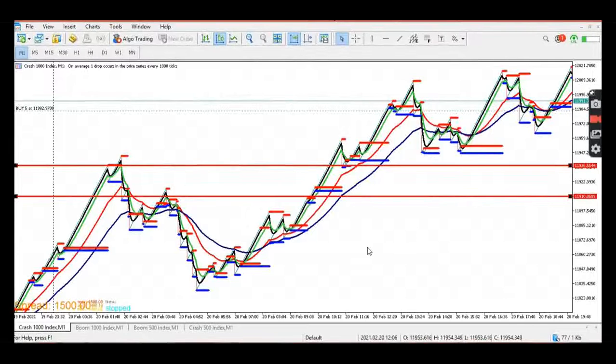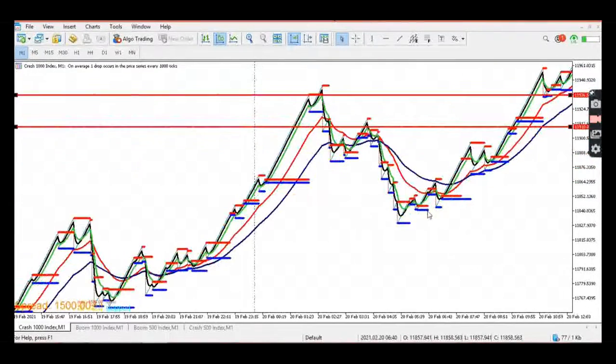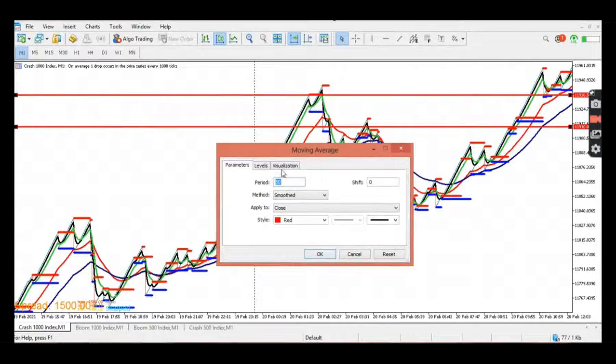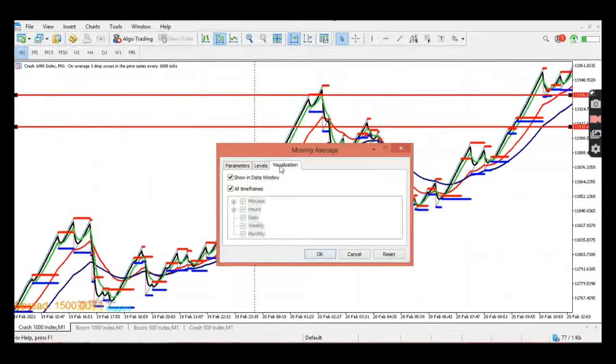The moving average strategy is simply a strategy in which anytime the price is above this red moving average, this one I'm touching, it's the moving average 50. Let me even highlight the settings so that you see: 50, smooth, close, color red, levels, no levels, visualization, all time frames.